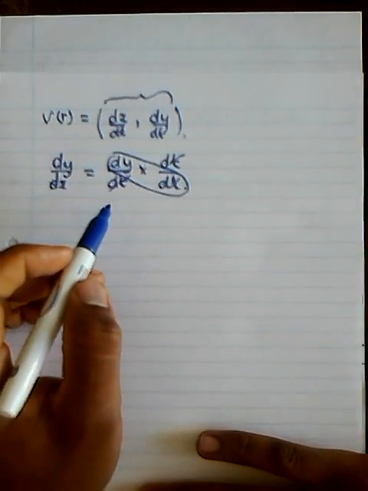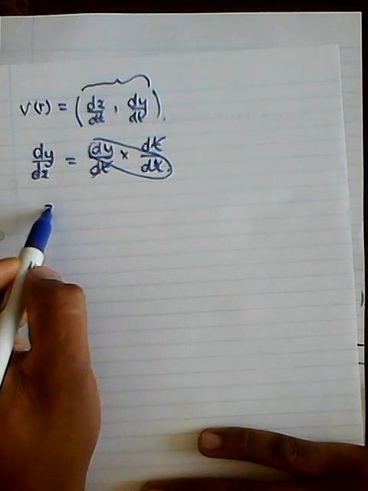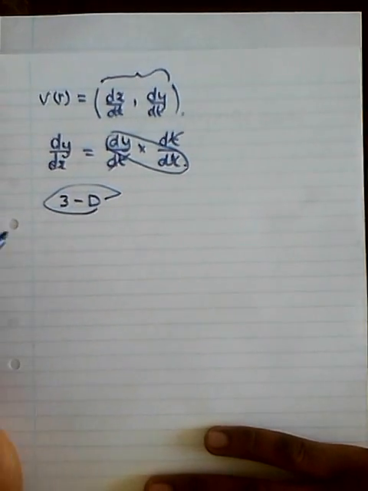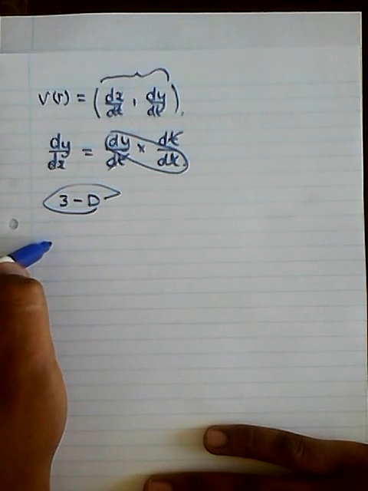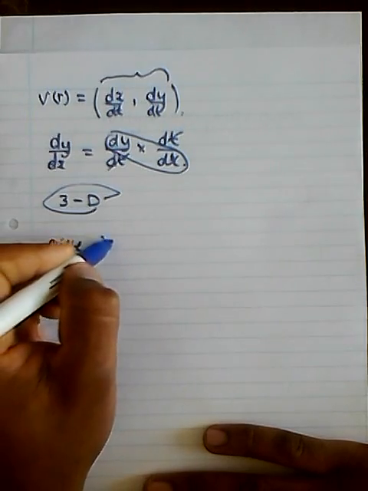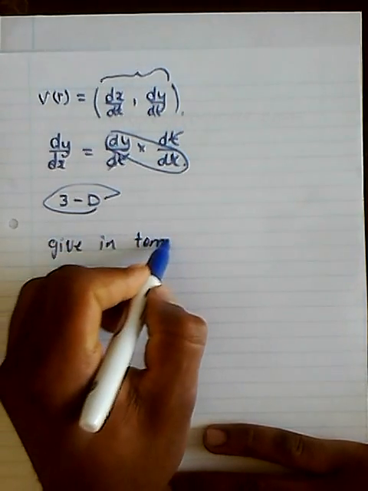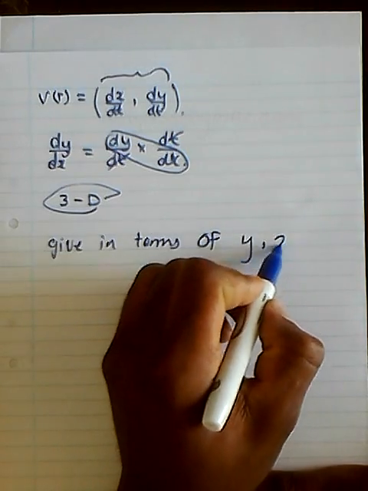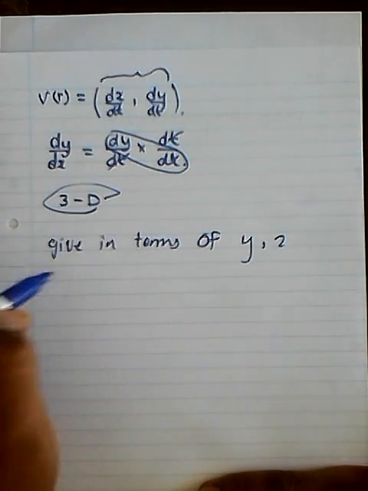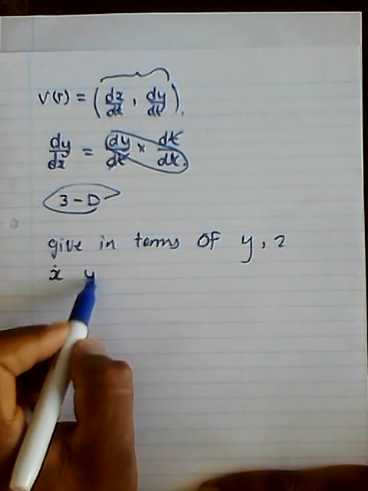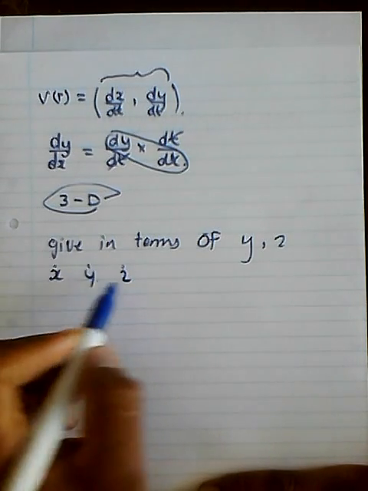When we have something that is in 3D, you can give x in terms of either y or z, or vice versa, or x dot in terms of y dot or z dot.